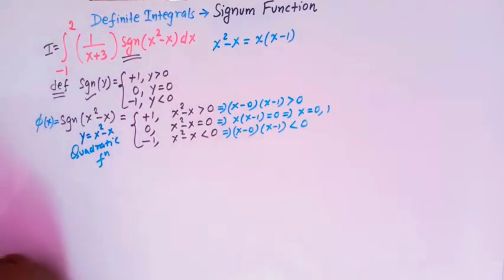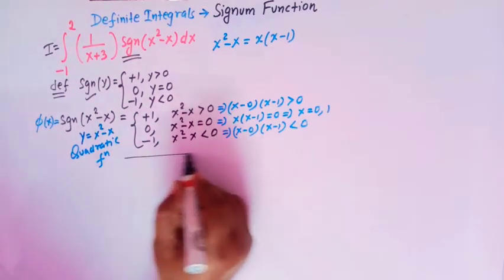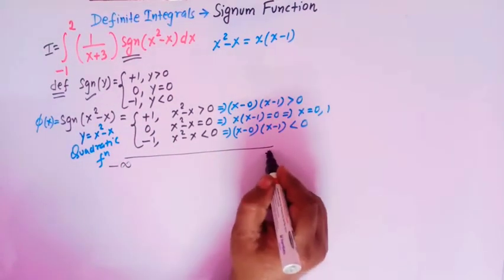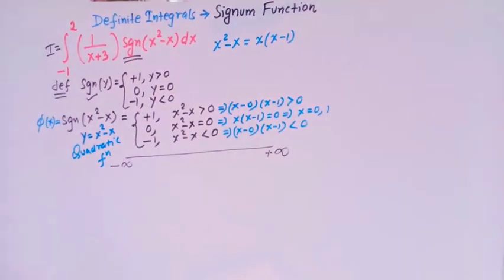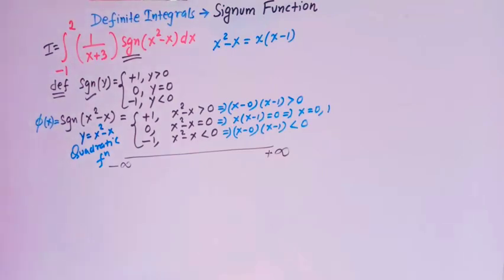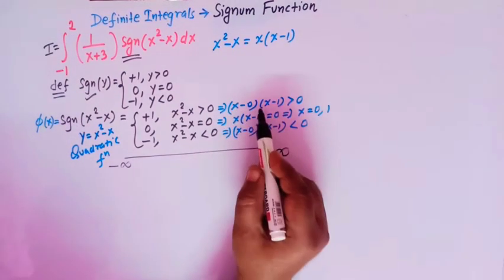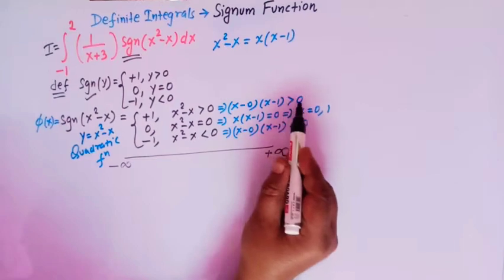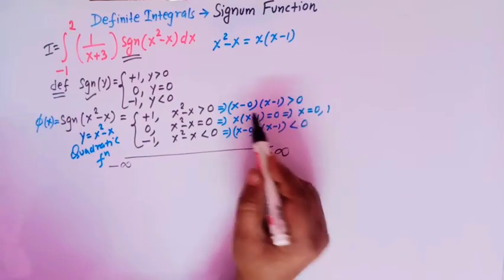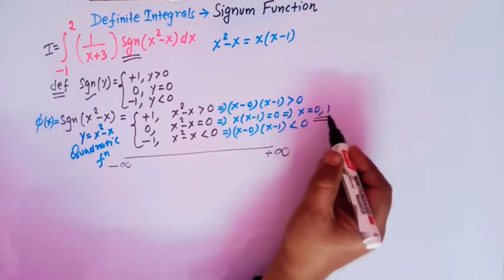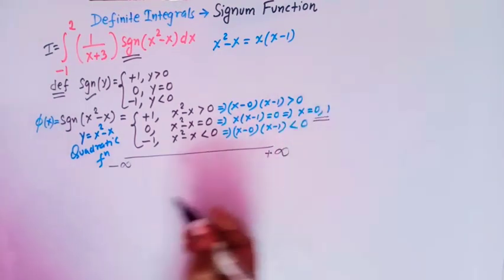So what we will do is take a number line. This is minus infinity, this is plus infinity. Now from the theory of equations we know that for x minus 0 times x minus 1 greater than 0, we have the two critical points, 0 and 1.